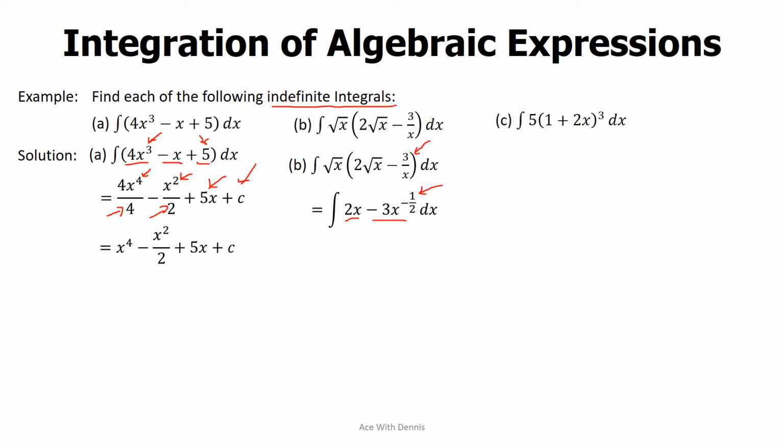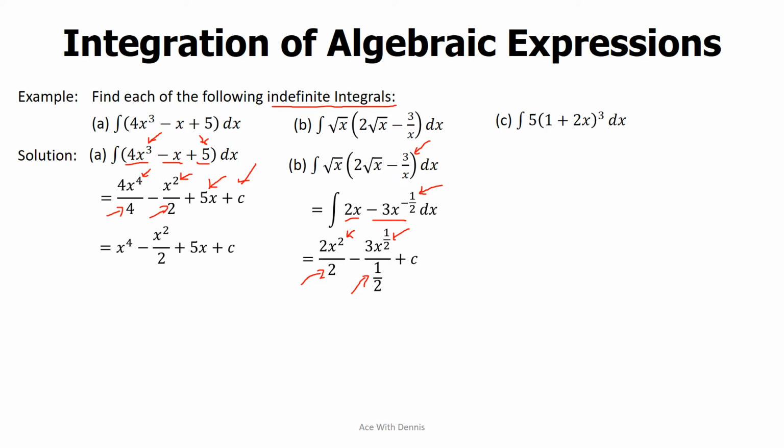For integration of 2x, the power is 1, so 1 plus 1, we get power 2 here, x squared. Divide by power plus 1, then we have over 2 here. For the second term, the power is negative half, plus 1, then we get half. Divide by power plus 1, then we have to divide by half here, and then plus a c.